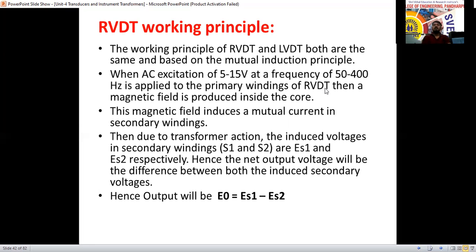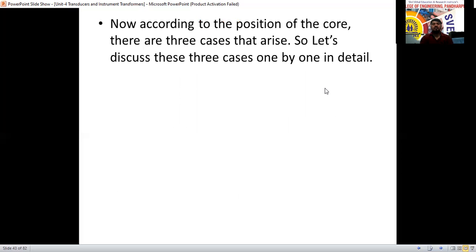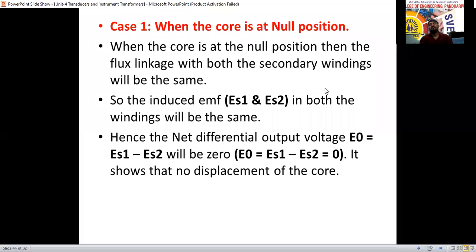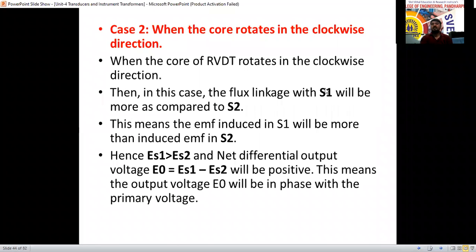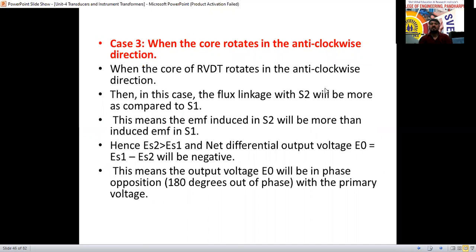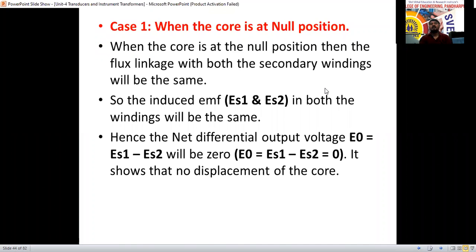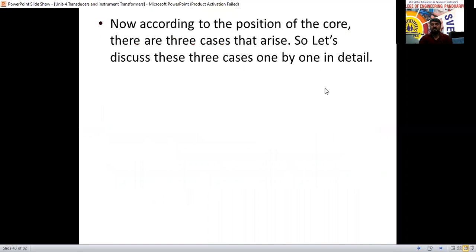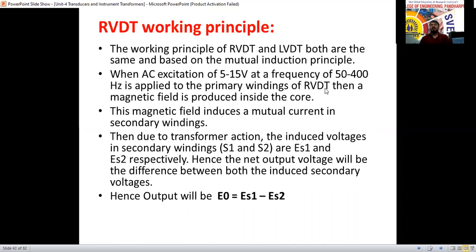That condition we call the null position, because the EMF induced in coils S1 and S2 will be the same. So the 3 cases are: case 1, when the core is at null position; case 2, when the core rotates in the clockwise direction; and case 3, when the core rotates in the anti-clockwise direction.